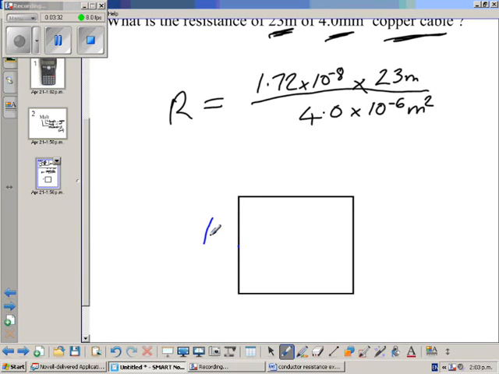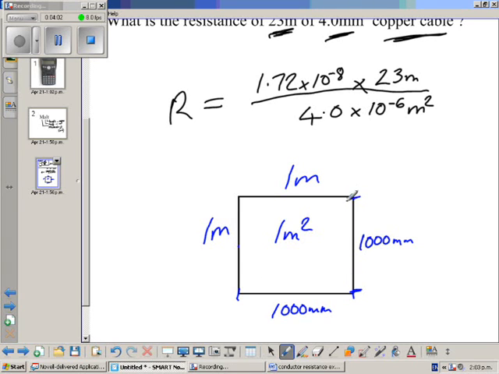If I had a square 1 meter by 1 meter, that would be 1 meter squared. So all four sides are 1 meter. So this side here, between here and here, if it's 1 meter, there's actually 1,000 millimeters in there. 1 meter equals 1,000 millimeters, and over here there's also 1,000 millimeters between here and here.